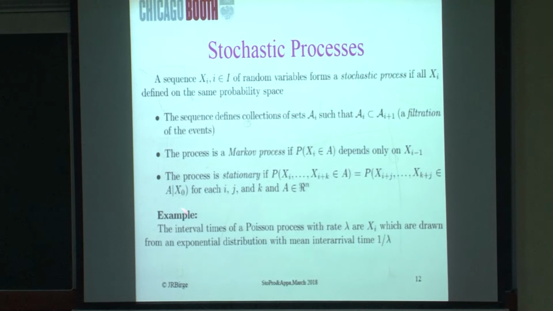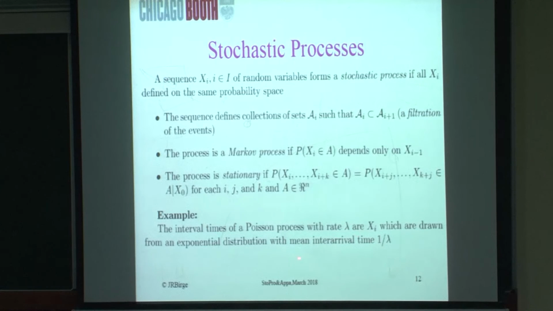Yeah, and as I said, we could think of the sequence of random variables that's associated with the Poisson process, like the inter-arrival times. The inter-arrival times are drawn from an exponential distribution that has a given mean. All of those are actually independent.